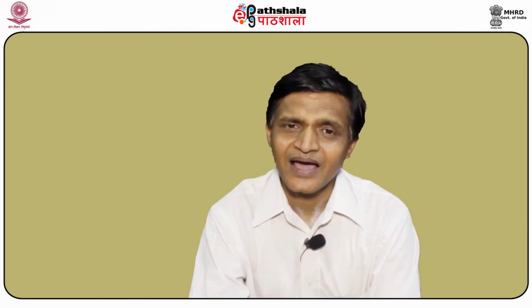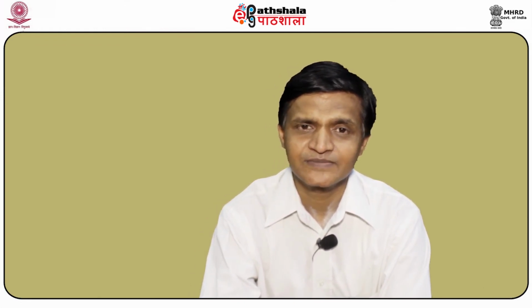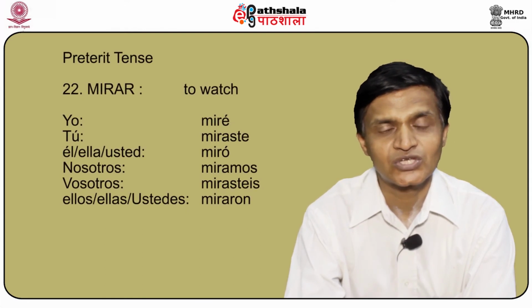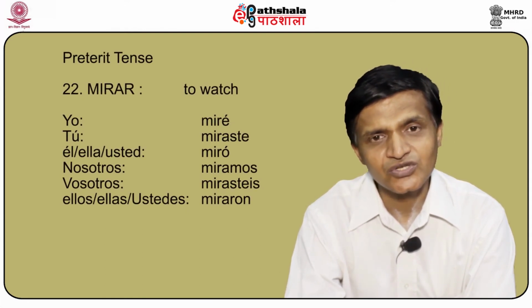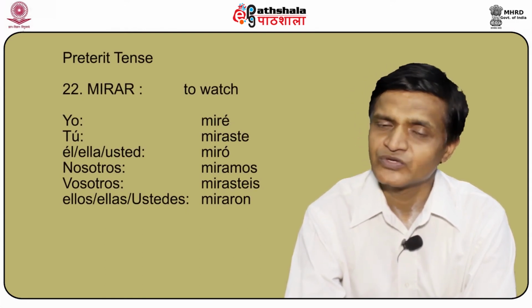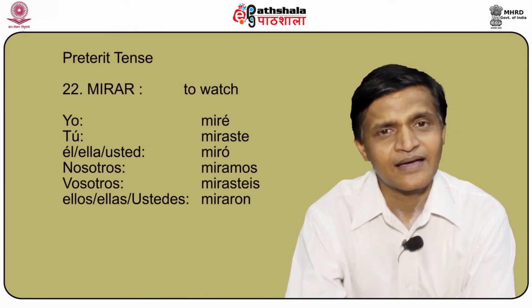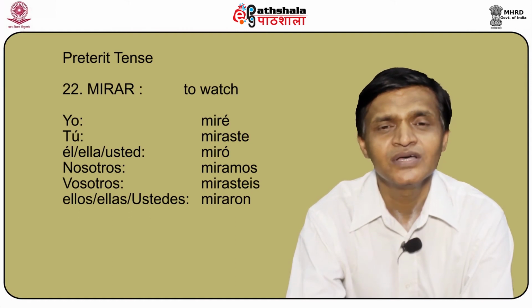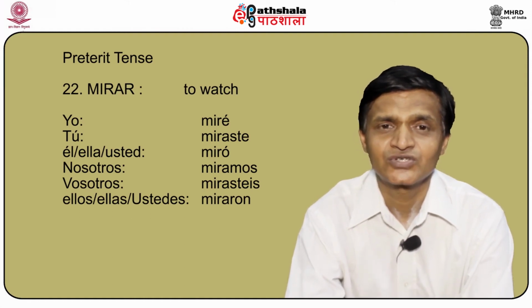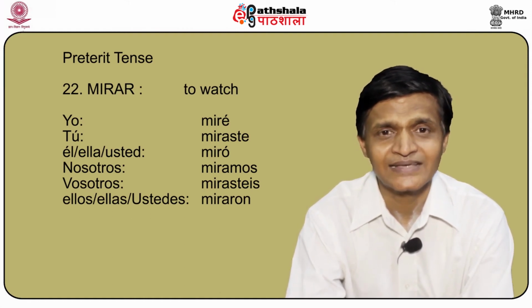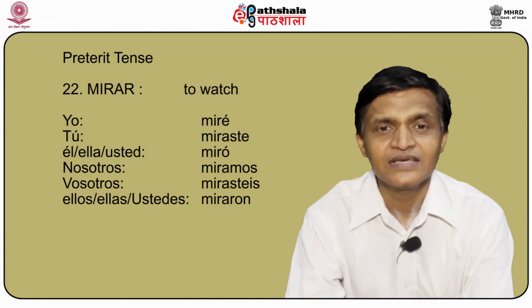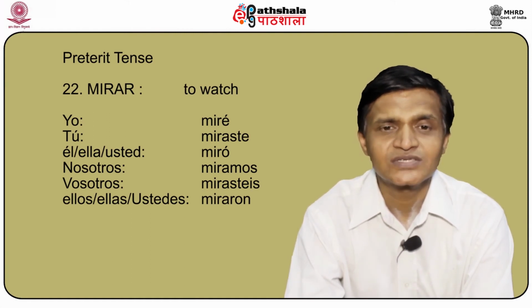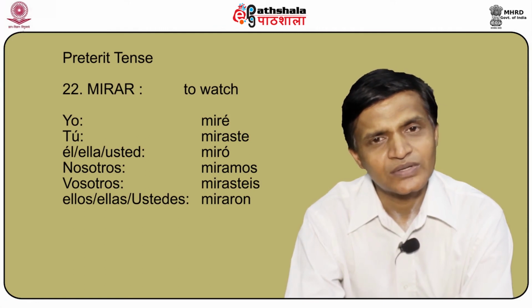Again, another AR ending verb which is very important in Spanish is mirar, to watch. So how do we do the conjugation of mirar in the preterit? We do it in the same way that all the AR ending verbs are conjugated, because mirar is also a regular verb in Spanish. So mirar, to watch, is conjugated as miré, miraste, miró, miramos, mirasteis, and miraron.